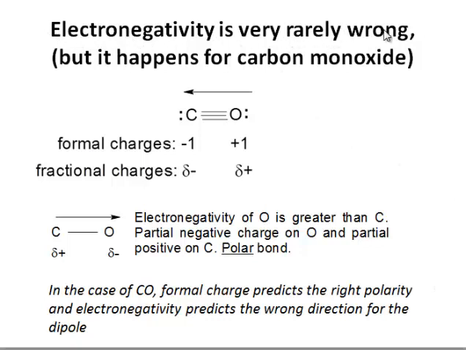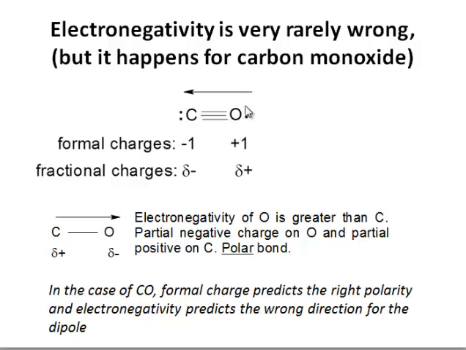Electronegativity is more useful in general than formal charge for predicting polar bonds. It's very rarely, quote, wrong. It happens for carbon monoxide, though, and I should draw your attention to it because it's the example we looked at earlier.